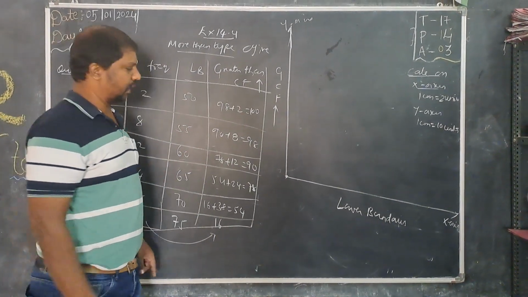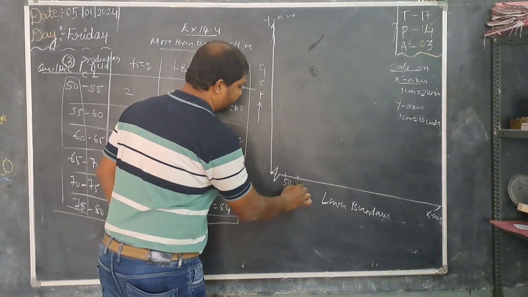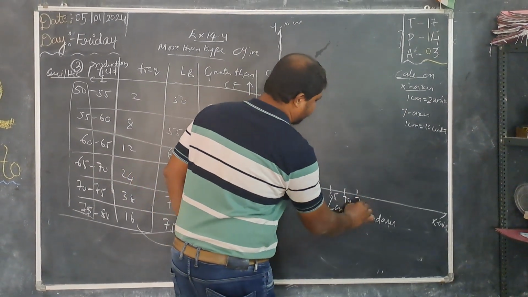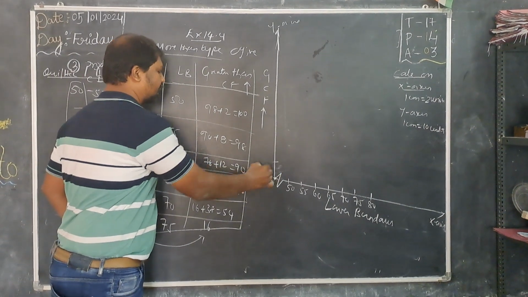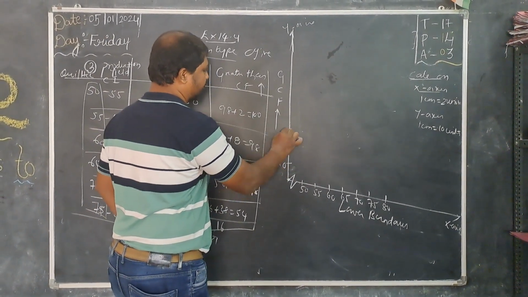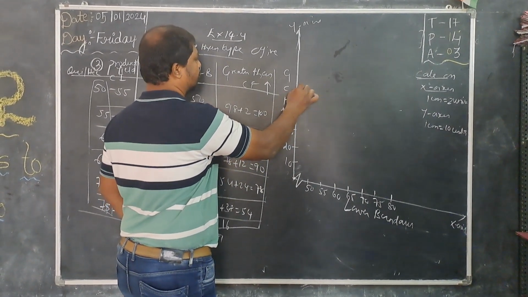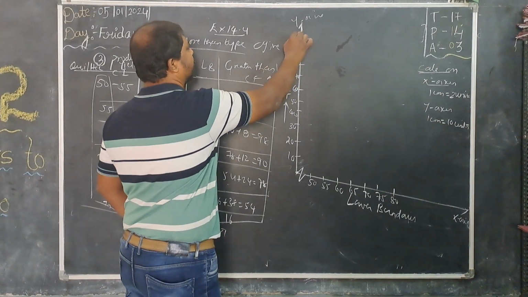Till 50 the graph is empty, so you have to draw a kink here and write 50, 55, 60, 65, 70, 75, 80. On y-axis, take again 10 table. It is very easy for you. 10, 20, 30, 40, 50, 60, 70, 80, 90 and 100.